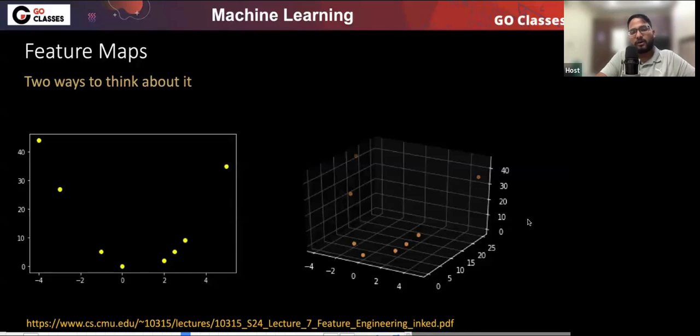So it is just a way to think. It is not a very great thing, not very insightful probably, but it is good to know that you can think in this way. Here, how many features do you have? Just one feature, for visualization purposes. But once you insert x square also, now you have two features, x and x square, and there is obviously y.